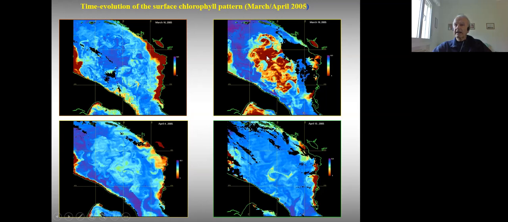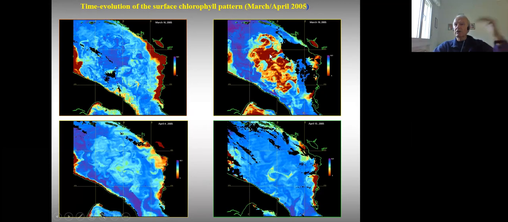So here, obviously, we pick up the process after the vertical mixing. There, there was no vertical mixing. In the meantime, what happened? Obviously, some strong wind event caused the vertical mixing due to the cooling and evaporation, and brought the nutrients into the surface layer.